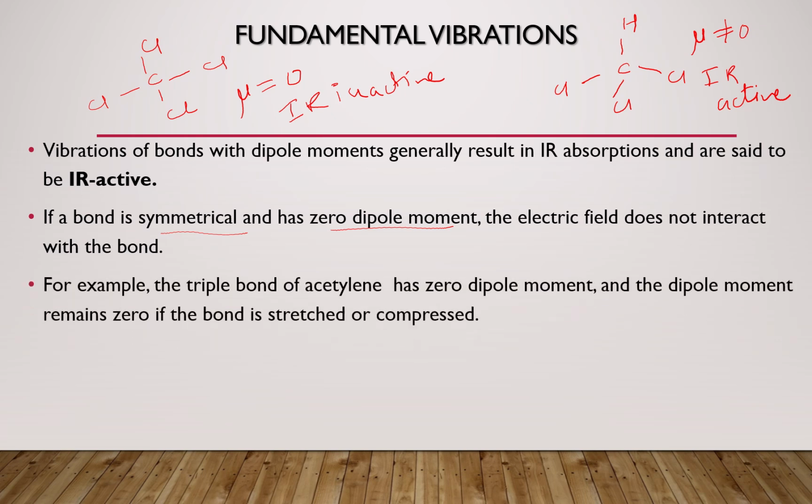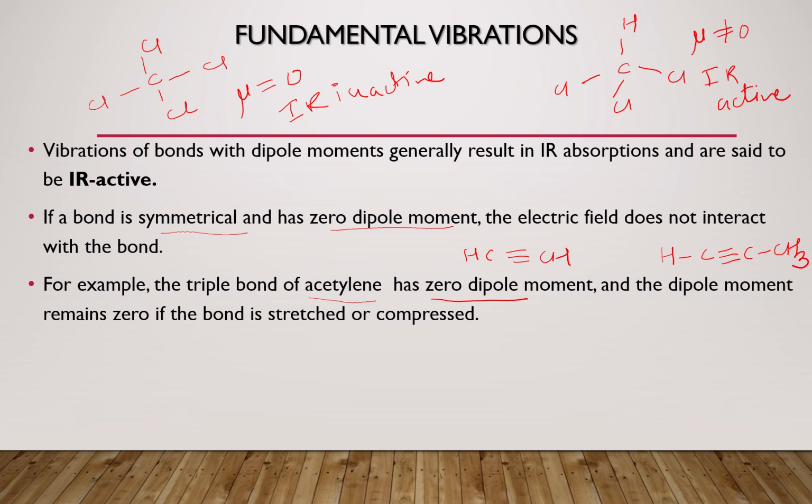Another example is acetylene. Acetylene is CH triple bond CH. So here also the dipole moment is 0, so this is also IR inactive. But if I introduce one methyl group in this molecule, then it is an unsymmetrical molecule.